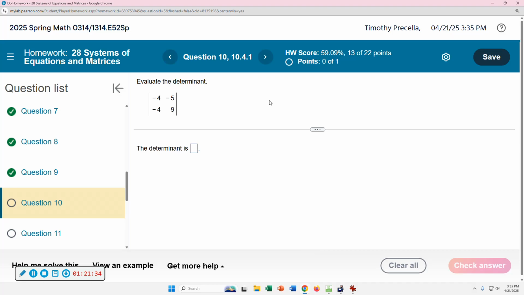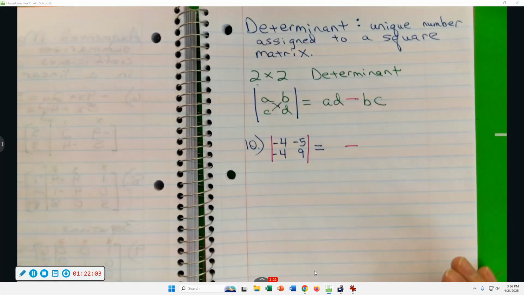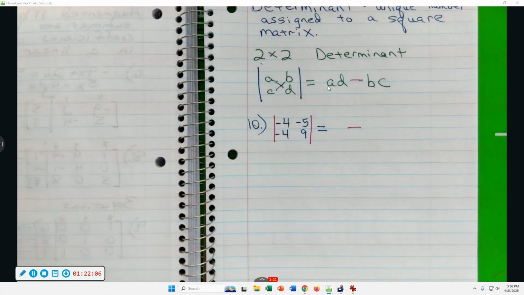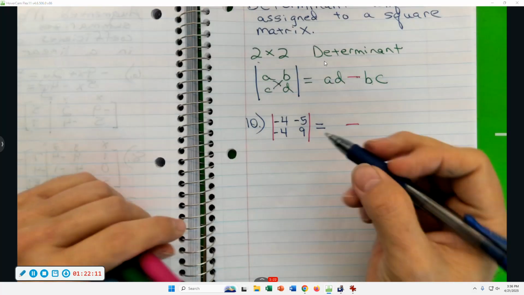Let's look at the next problem. This is number 10. We want to find the determinant. It's a 2 by 2: -4, -4, and -5, 9. That equals, and remember the formula has that minus sign. Now, I don't mean for you to memorize A times D minus B times C. What you have to know is the pattern.